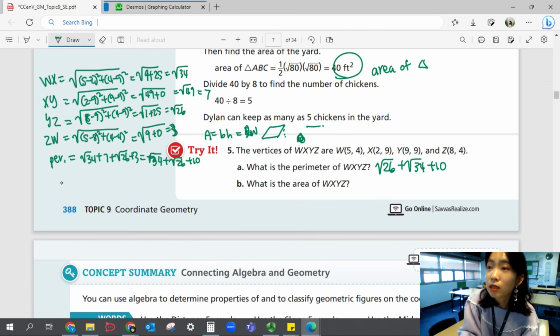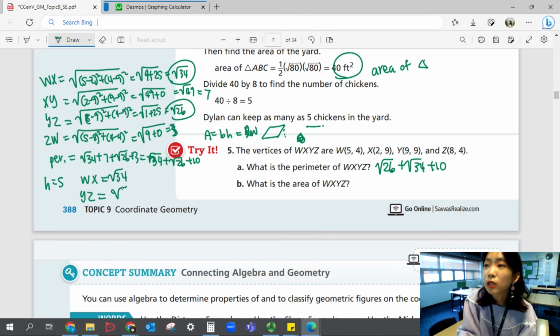The height is 5 units, and then we need to figure out WX and YZ. But we already know the distances, right? So we're going to use square root 34 and square root 26, and then use the area of the trapezoid rule. We're going to add square root 34 to square root 26, divided in half, and then times that by 5.